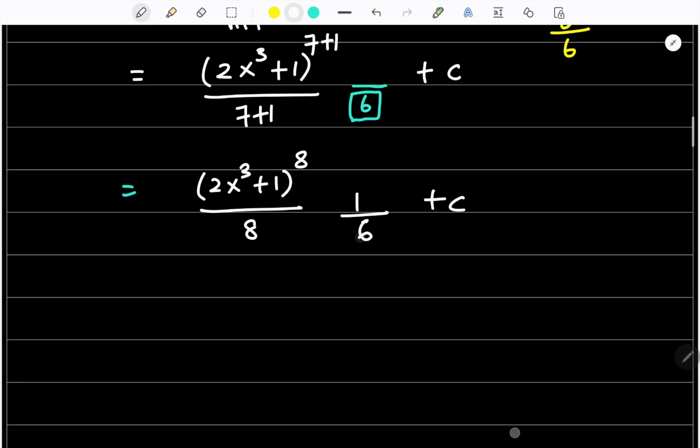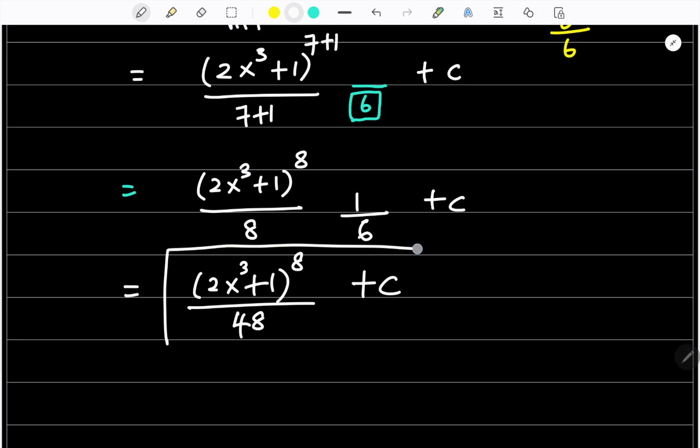Let me write 6 in the proper way. This equals 2x cube plus 1 to the power of 8 divided by 6 times 8, which is 48, plus integrating constant c. So this is going to become your final answer. Are you okay with this?